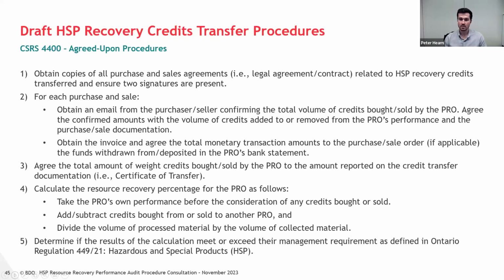So take into account the performance before the credits, add and subtract the credits, and then divide by the process material to calculate the overall resource recovery percentage. Lastly, determine if, based on the calculation, the PRO or producer meets or exceeds their management requirement as defined in the regulation.